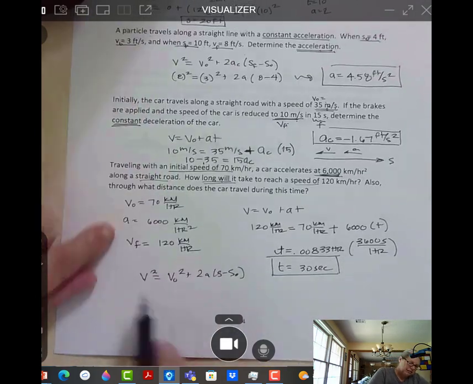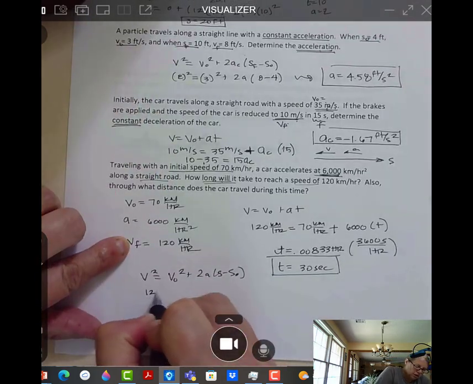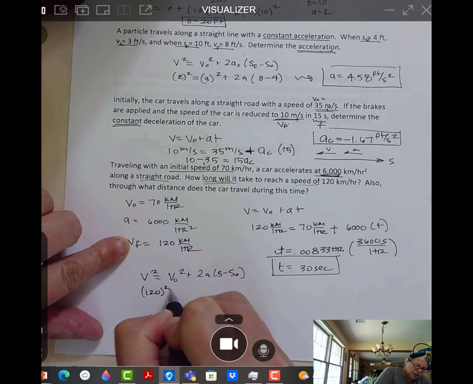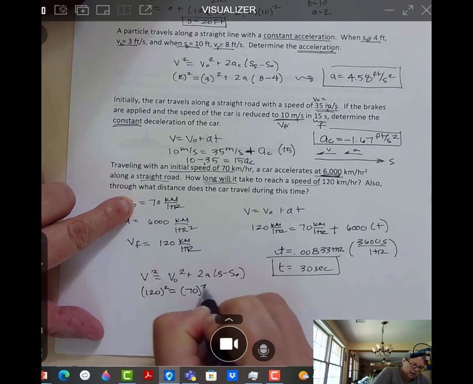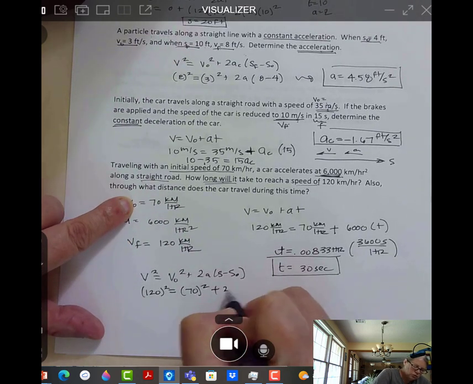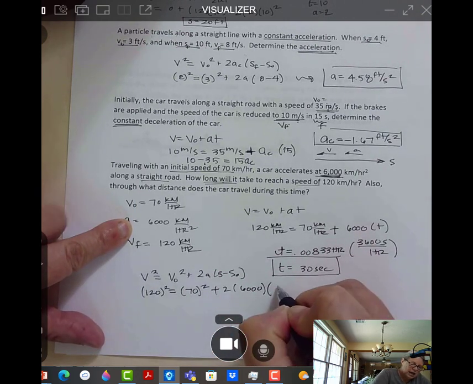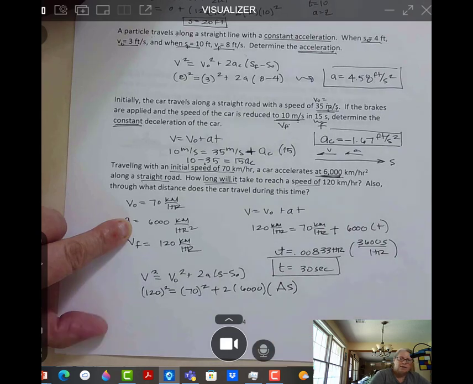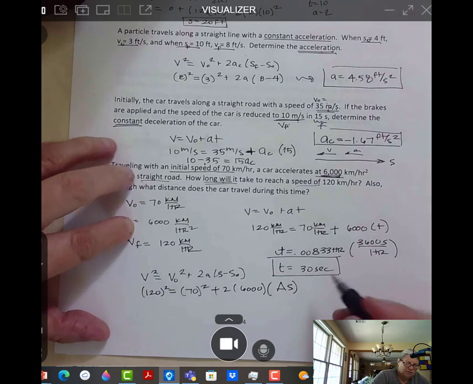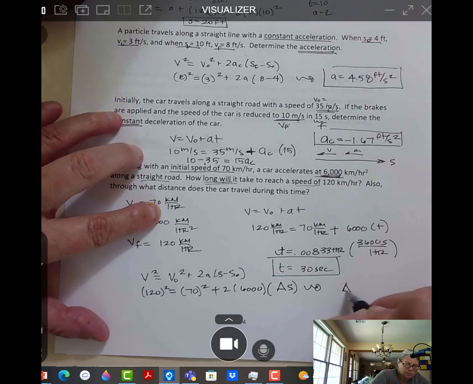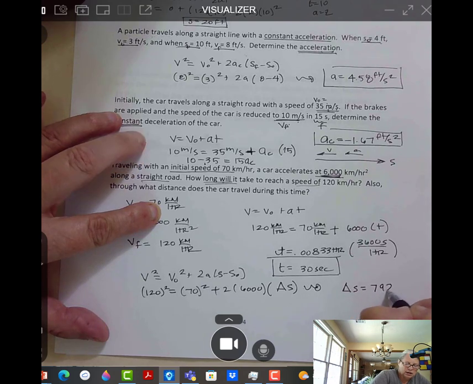Start filling those things in. So I've got 120 kilometers per hour squared equals 70 kilometers per hour squared plus 2 times 6,000 kilometers per hour squared times the positional change. If I work this out, my positional change is 792 meters.